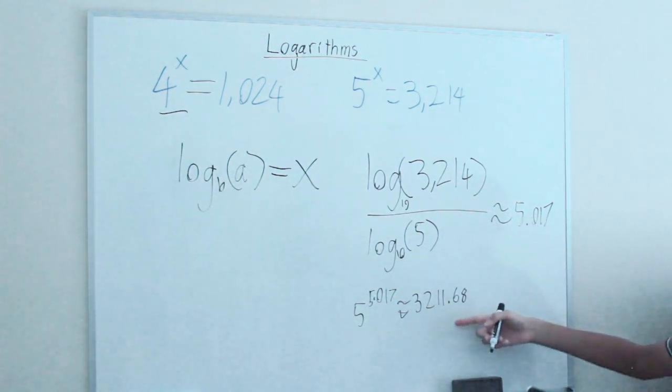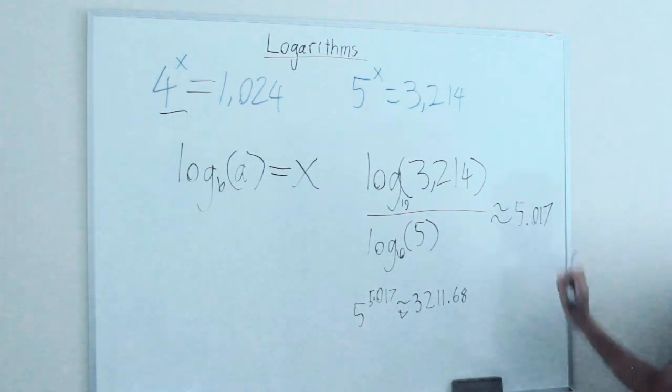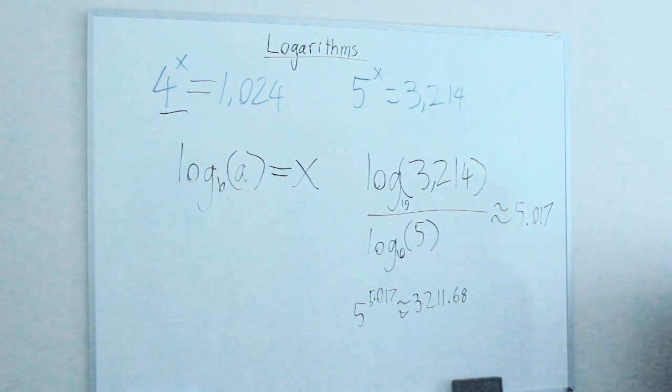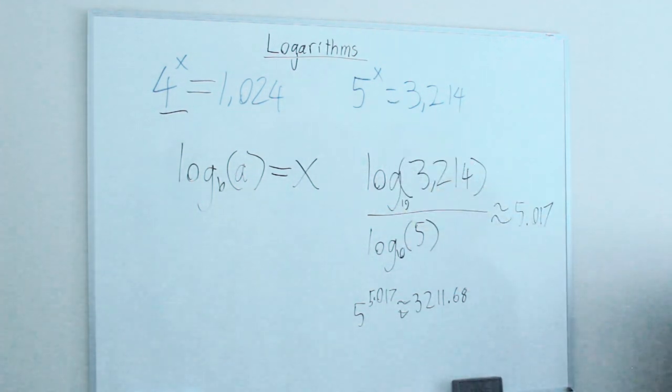Now, of course, this is not the same as this, and that's because I did not enter the exact value here. But it gave a really close number. That's how you approximate the exponent using a logarithm.